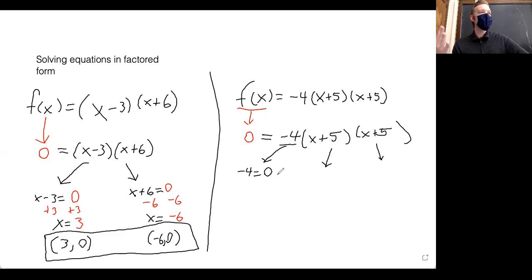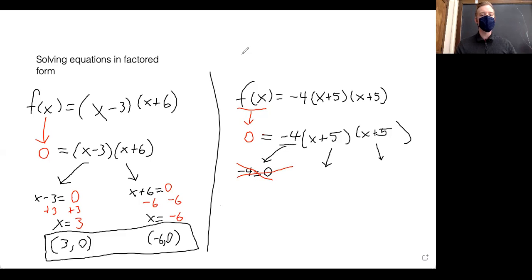No. So we don't have anything to solve for. There's no variable with this, so we can essentially ignore it for what we're doing. So we are not going to get any x-intercepts from that -4 right there. You could have any number in front of the parentheses, and it wouldn't change the x-intercepts. It would change other things about the graph, but not the x-intercepts. So we can really just ignore this number for this problem here.